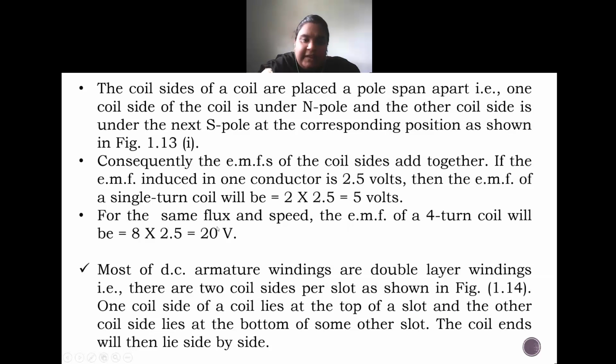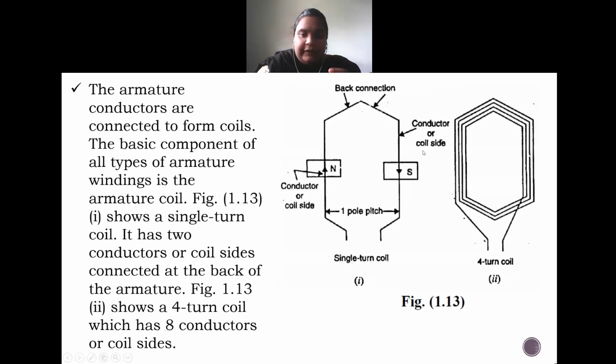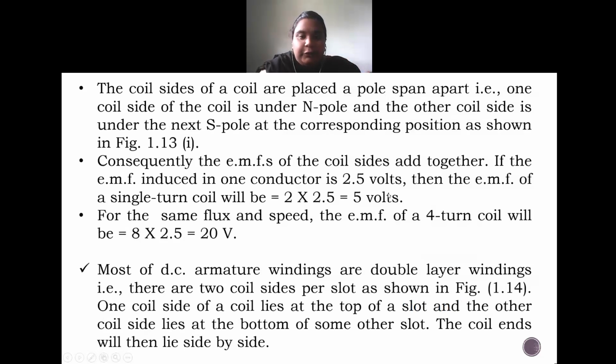For the same flux and speed, the EMF of a 4-turn coil will be 8 into 2.5, that is 20 volts. Just understand this. For one coil side, you have 2.5 volts. Here we are having 4 plus 4, 8 coil sides, that is 8 into 2.5, 20 volts.